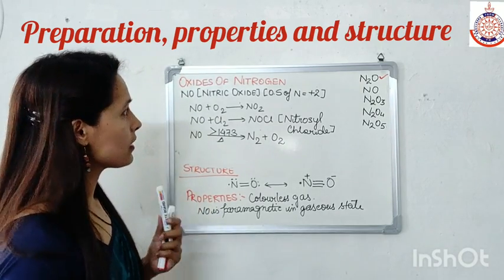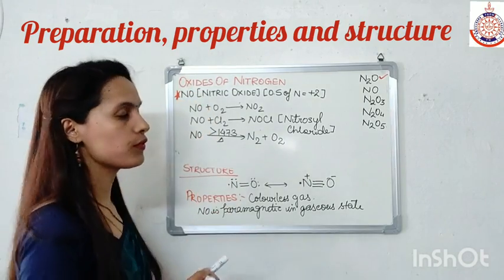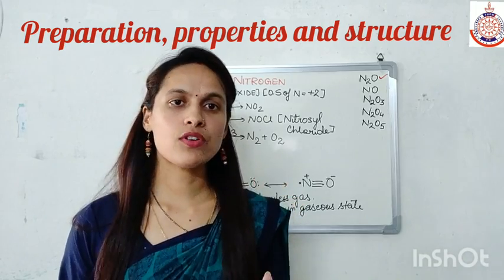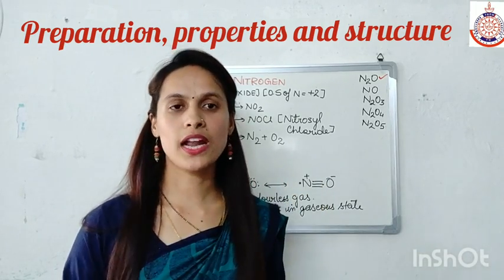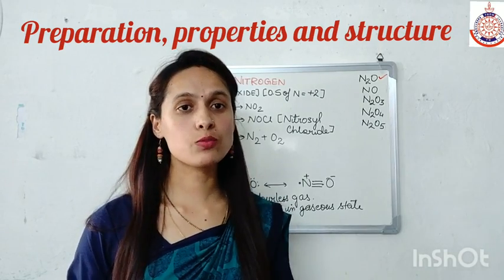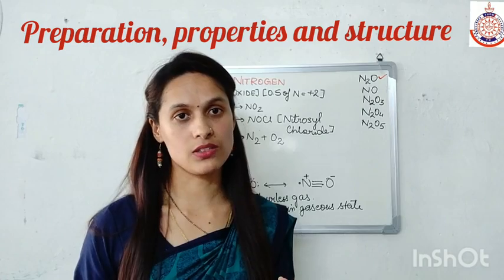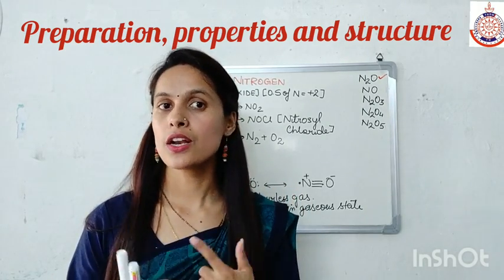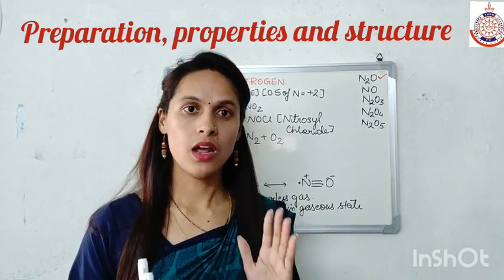Now there is a very important property of nitric oxide: out of all 5 oxides of nitrogen, this is the only oxide of nitrogen which behaves as both an oxidizing agent as well as a reducing agent, while the others don't have this property.